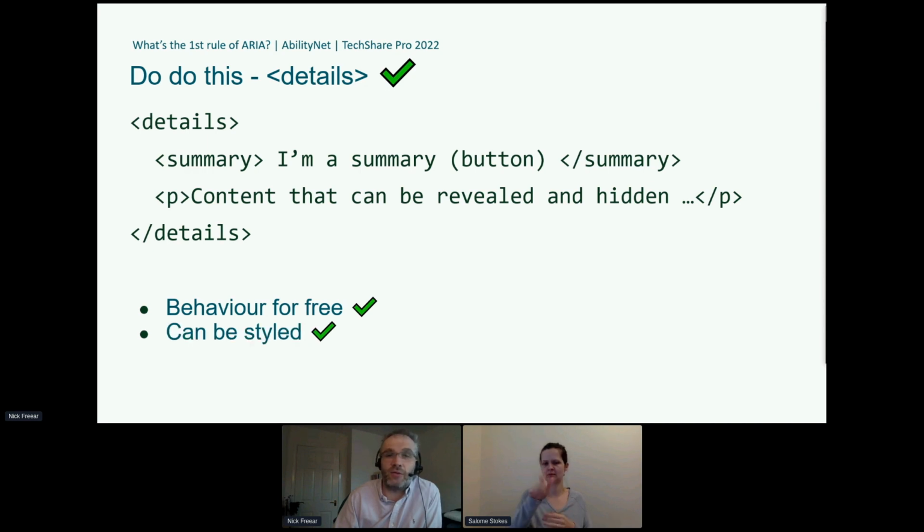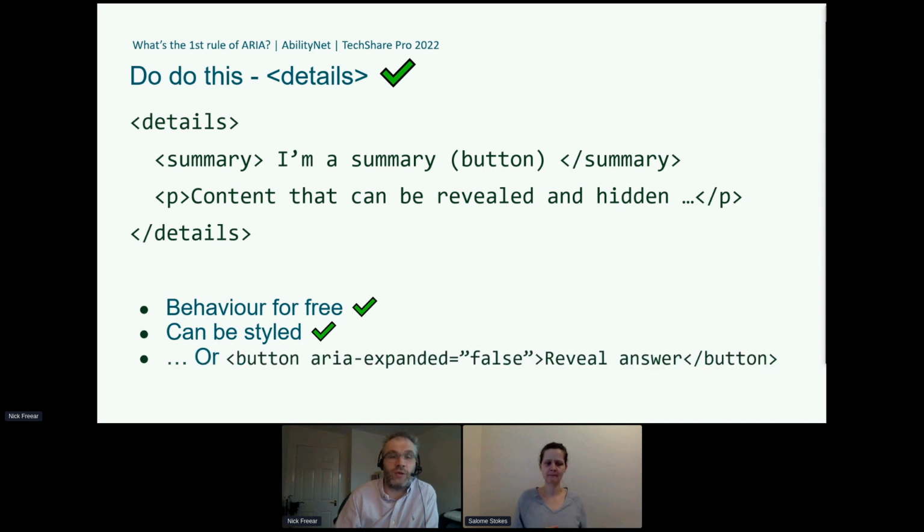It can be styled. If you must do your own functionality, then you would need to use ARIA expanded equals true or false to show the state of the accordion or the disclosure. So that's just one example of using plain HTML in place of ARIA.